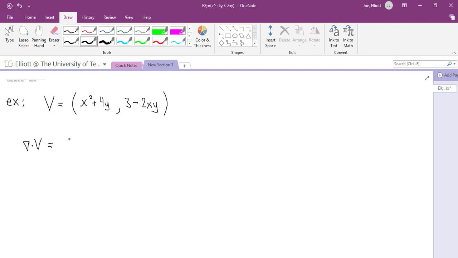So remember the divergence of v, we take the partial derivative with respect to x of the x component of v, and then plus the partial derivative with respect to y of the y component of v.